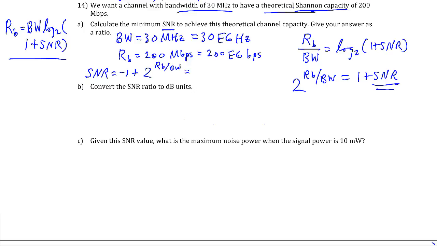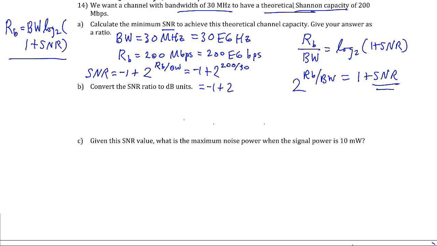This is negative 1 plus 2 raised to the ratio. If I'm dividing the bit rate and the bandwidth, the 10 to the 6th just cancel out, so I'm going to just put 200 over 30 here. Let's plug it into the calculator this way: 2 raised to the, in parentheses, 200 divided by 30, right parenthesis, equals.